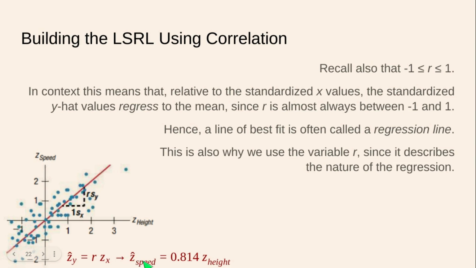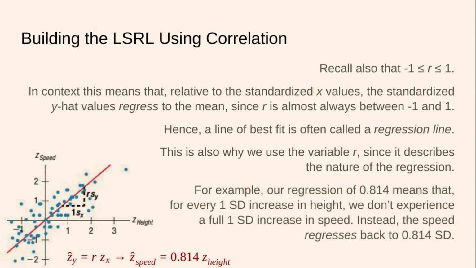At least that's not what our line of best fit predicts. We only increase 0.814 standard deviations of speed. All right, there's a bit of regression back to the x-axis, if you will. One standard deviation change here does not mean one standard deviation change there. There's a little bit of regression.